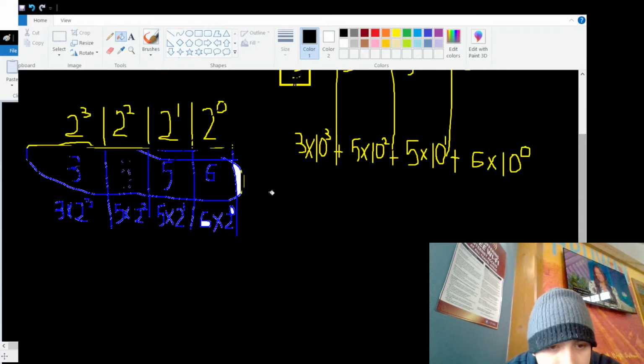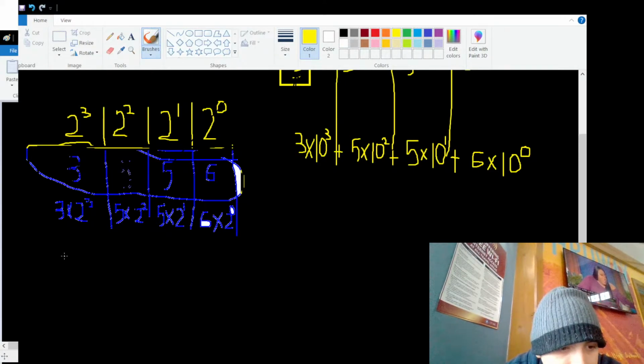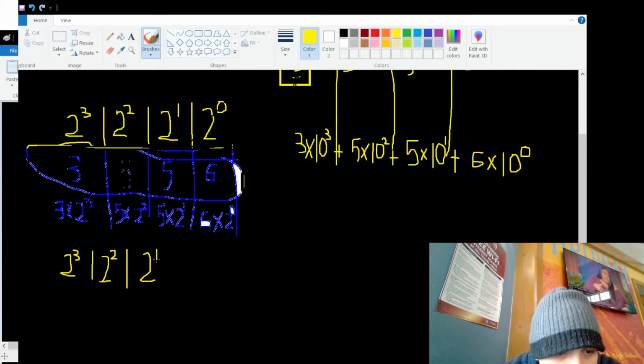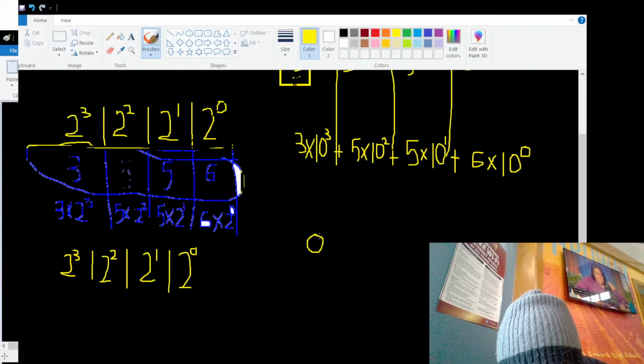Here, if you want to actually represent a number in the binary system, and let's say you had a 2 to the 3rd place, or a 2 squared place, or a 2 to the 1 place, or a 2 to the 0 place, what is the basis of the binary system? It's 0 and 1.